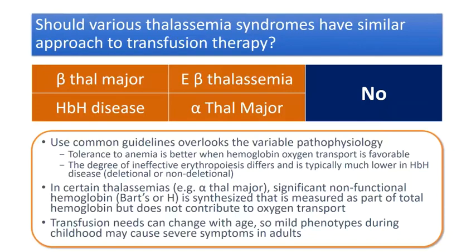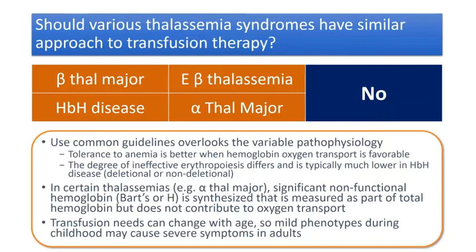First, the use of common guidelines overlooks the variable pathophysiology of the different thalassemia syndromes. So patients, as I already mentioned, could have different tolerance to anemia and different oxygen transport characteristics. And the second is that the degree of ineffective erythropoiesis also differs. Typically, alpha thalassemia syndromes have much lower ineffective erythropoiesis.